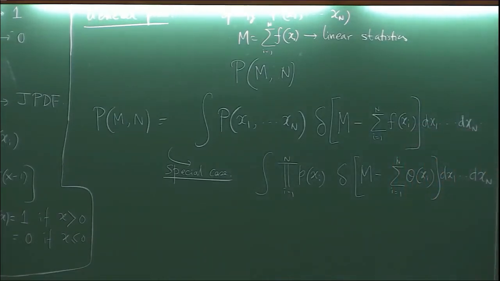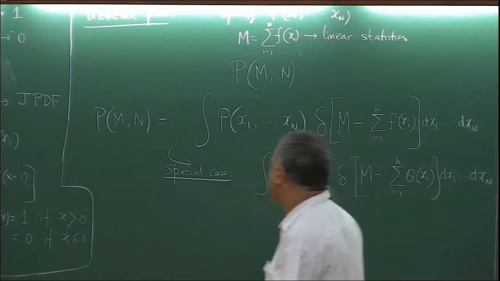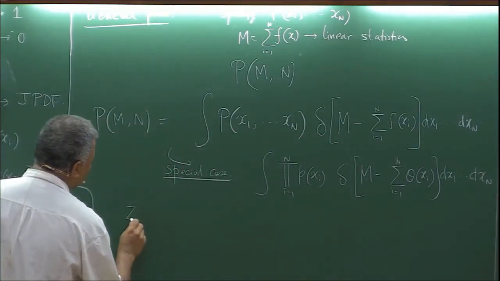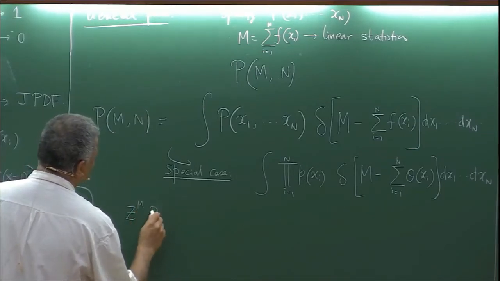This is the object I want to calculate. As you know, the first thing to do, because here m is a discrete variable, is to look at the generating function of this object.